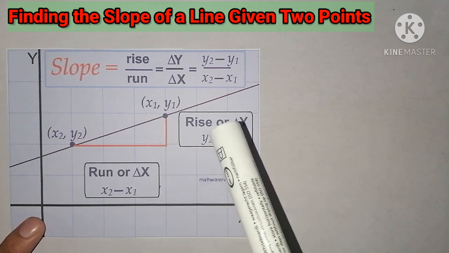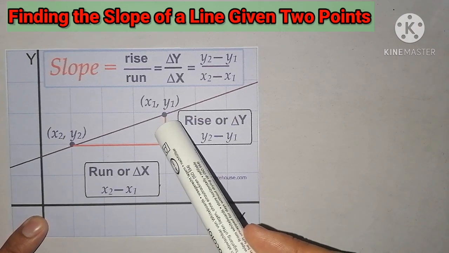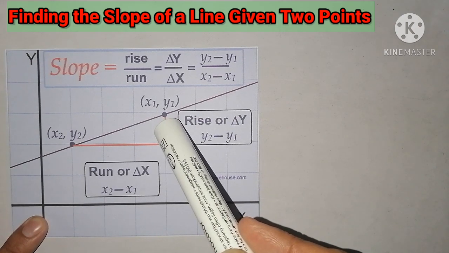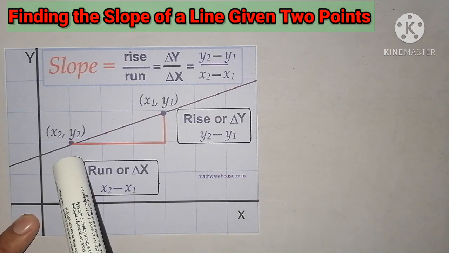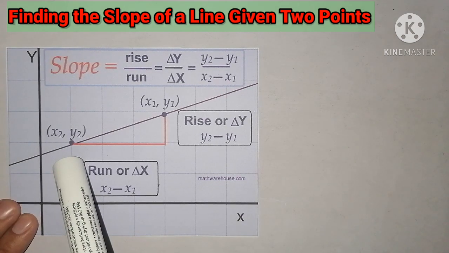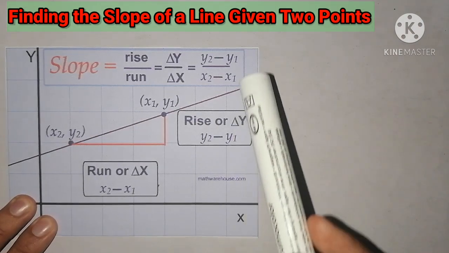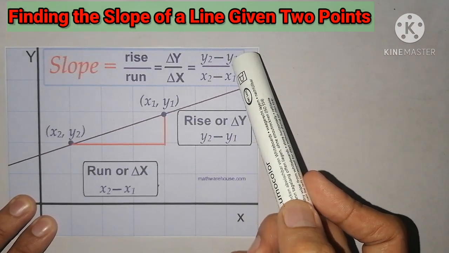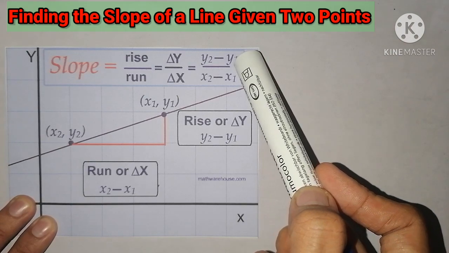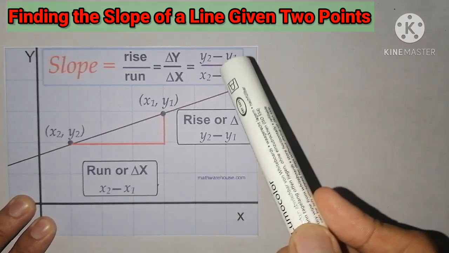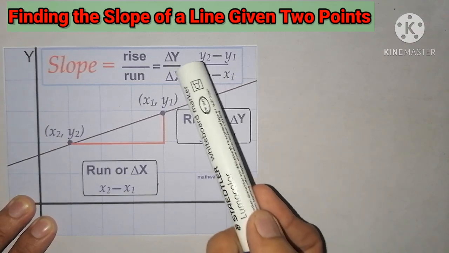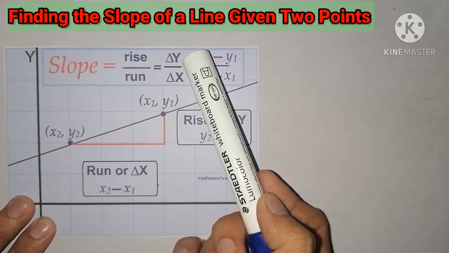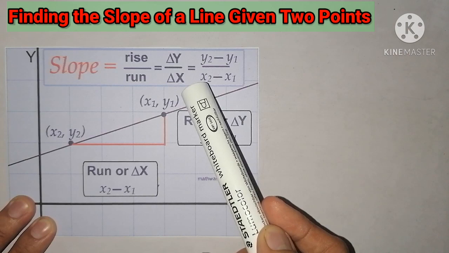Say for example, we have the first point, x sub 1 and y sub 1. We also have the second point, x sub 2 and y sub 2. To get the slope, we just get the difference of the 2 points in the vertical direction and the difference of the 2 points in the horizontal direction. So we have the change in y and the change in x.